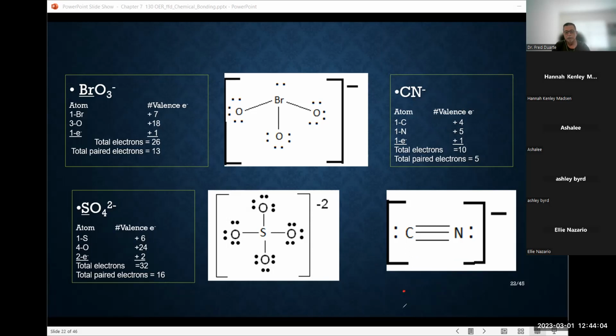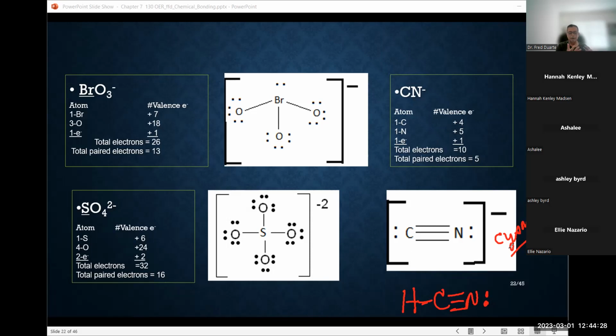And we came up with this structure earlier. Same procedure. Okay. So this is neutral. This is the polyatomic ion cyanide. Okay. And therefore we needed to use the bracket.